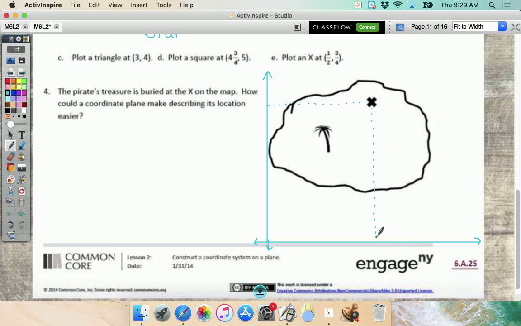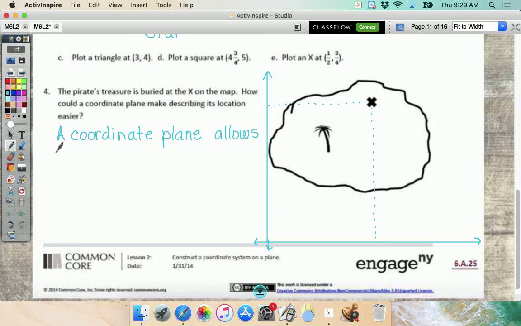Okay, so how do you want me to answer this question? A coordinate plane what? Why aren't you writing? A coordinate plane allows us to locate the x easier.